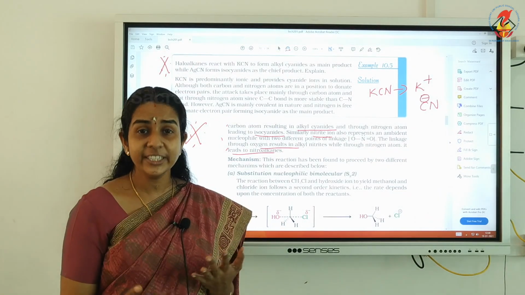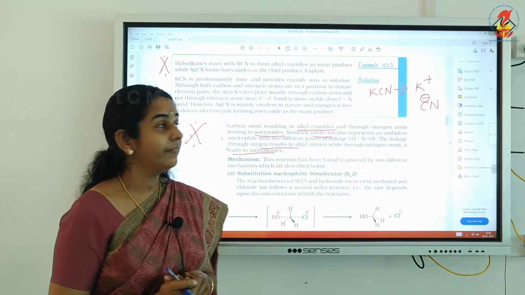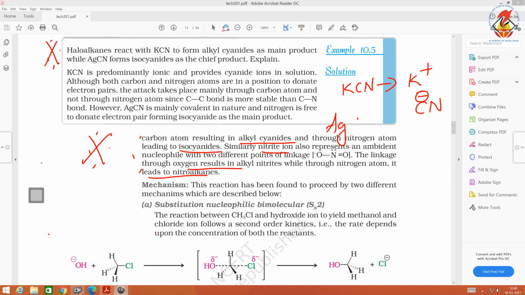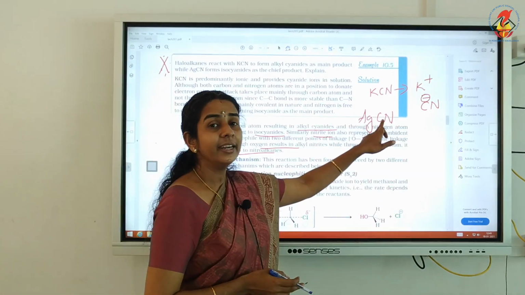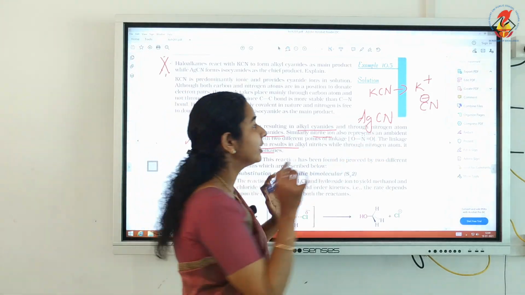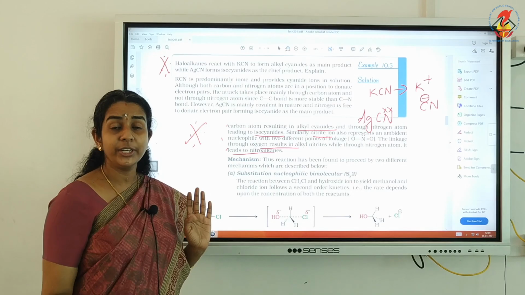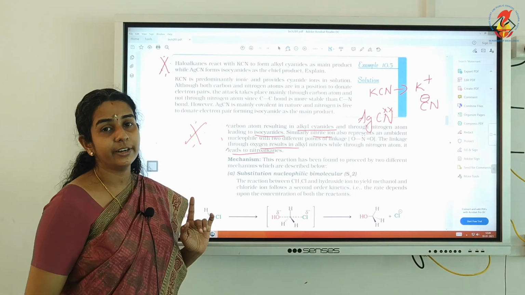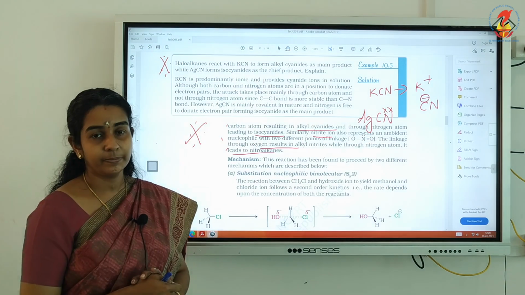In the case of AgCN, it is a covalent compound. We cannot write the ionization of AgCN as Ag plus and CN minus. So in AgCN, the only nucleophilic center is nitrogen due to the presence of the lone pair. So it can bind only through nitrogen. That is why it forms isocyanides.